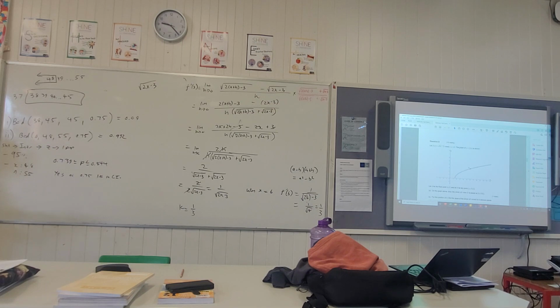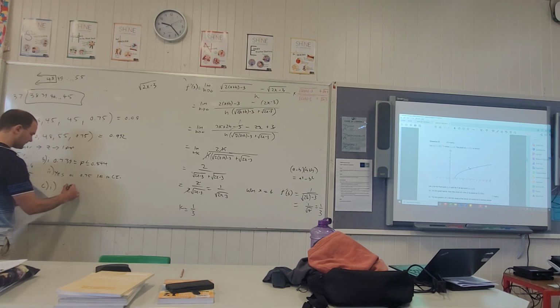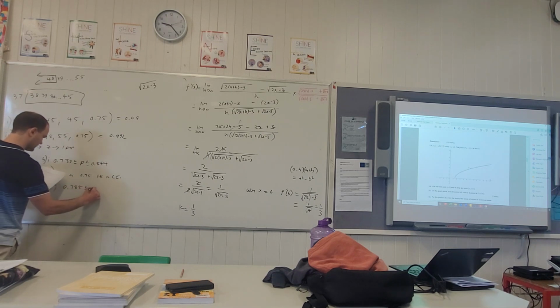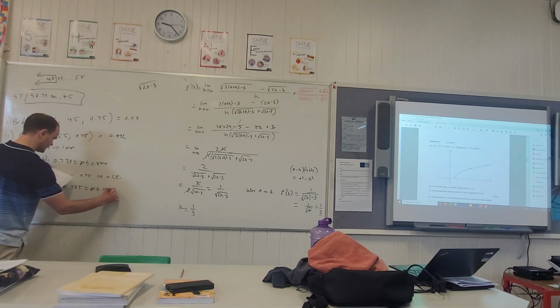Alright, so we calculate, that's the confidence interval we're doing now, so this is going to be C part 1, so that was B. When you do the confidence interval, again just using your calculator, just changing those numbers, we're going to have 0.785 is less than P is less than 0.961.